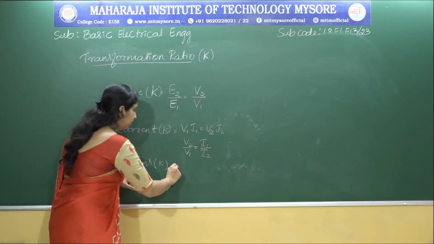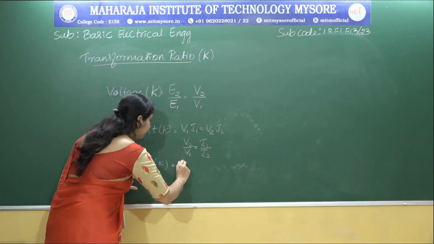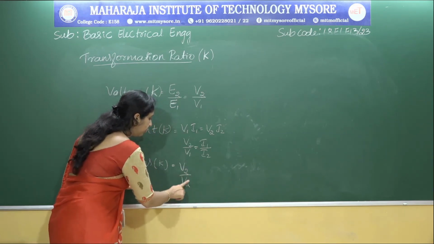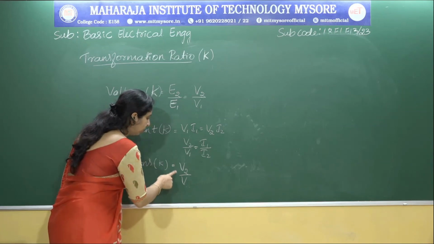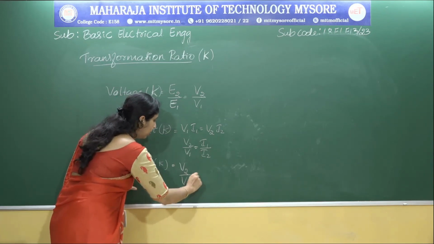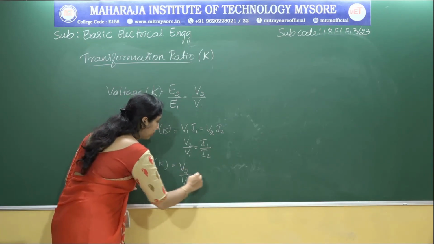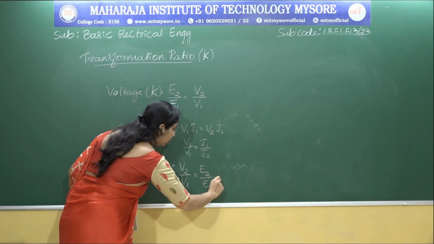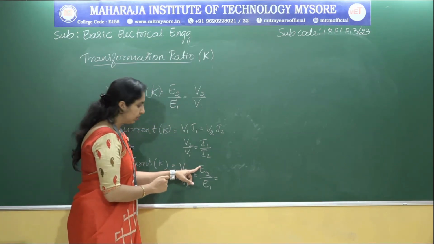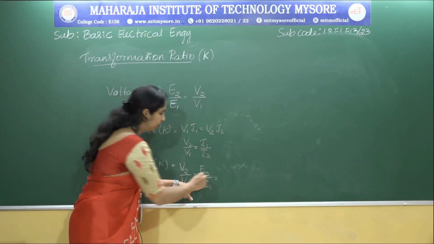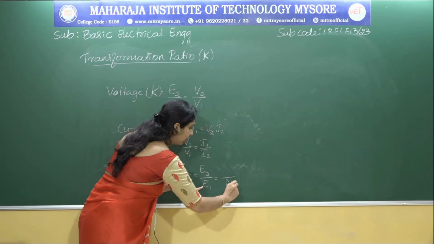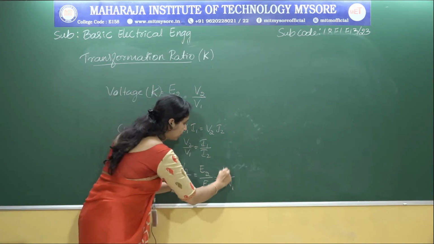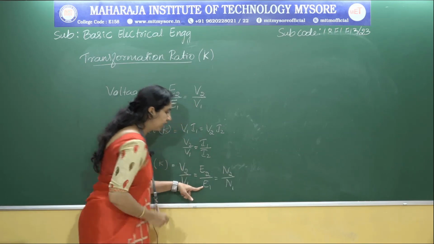For the turns ratio, we know that the voltage ratio is V2 by V1, or we can also have it as E2 by E1, since the primary EMF is related to the number of turns in the primary, and the secondary EMF is related to the number of turns in the secondary.